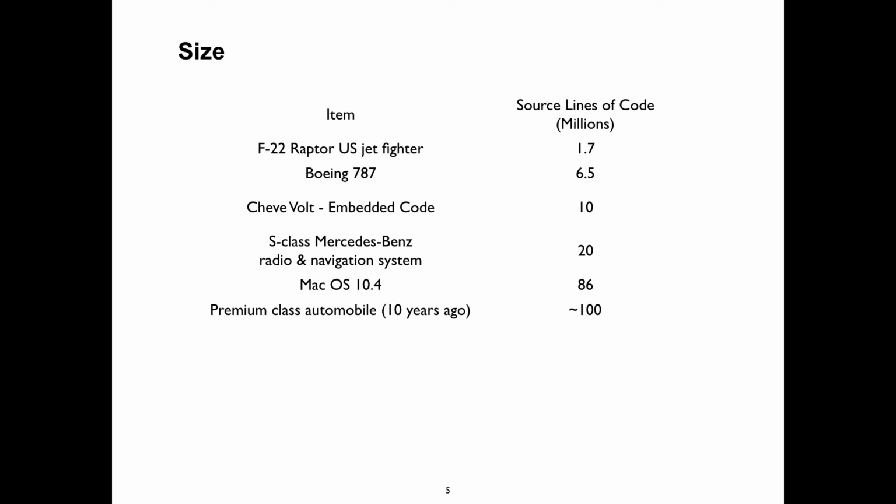This one is hard. I had a reference a number of years ago that said you have 100 million lines of code. This was someone who had worked with Mercedes-Benz. I came across a reference yesterday that said current cars have about 100 million lines of code in them.